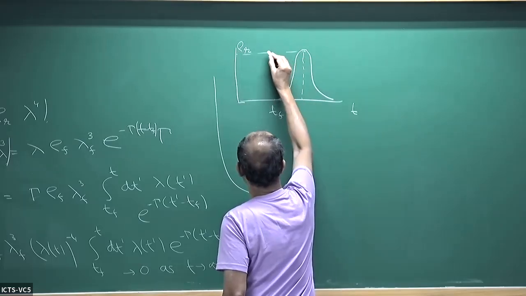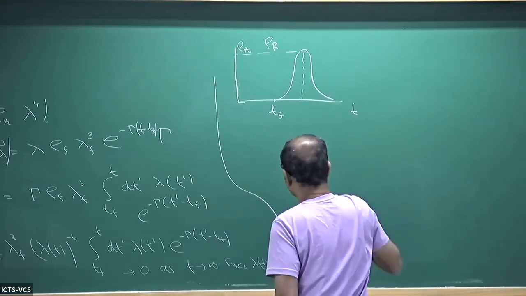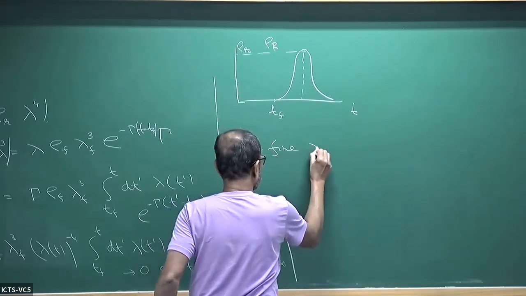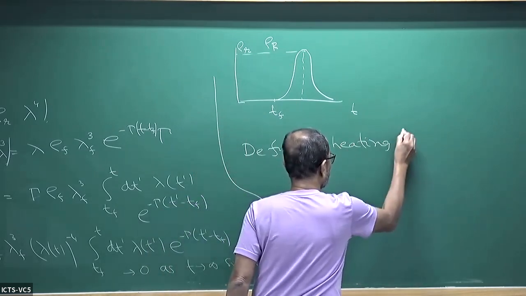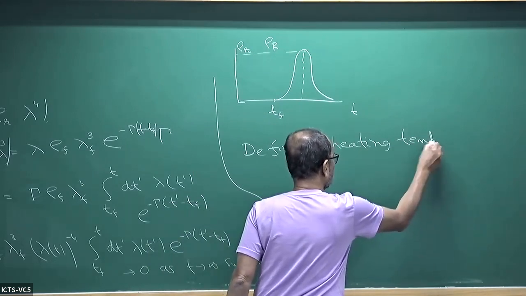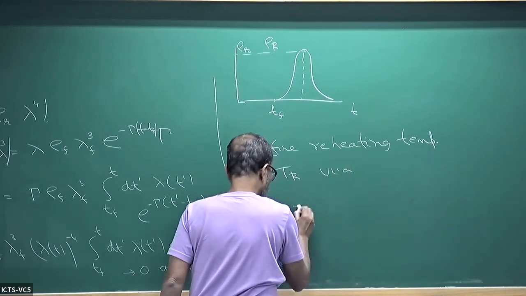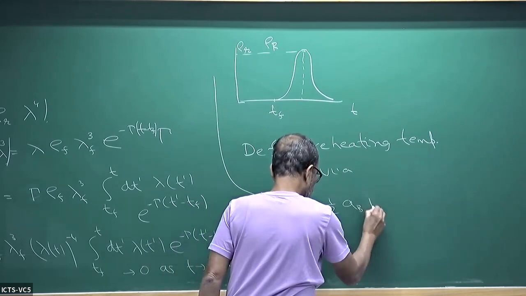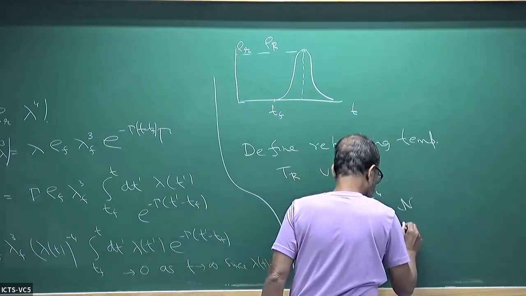So this peak value, if you call this rho r, capital R, we define the reheating temperature Tr via rho r equal to half pi squared over 30 Tr to the 4 times n.